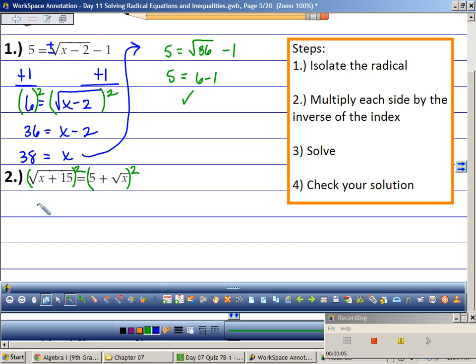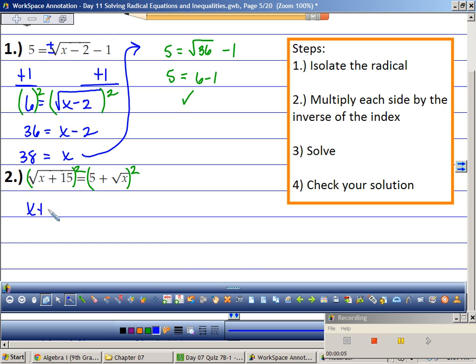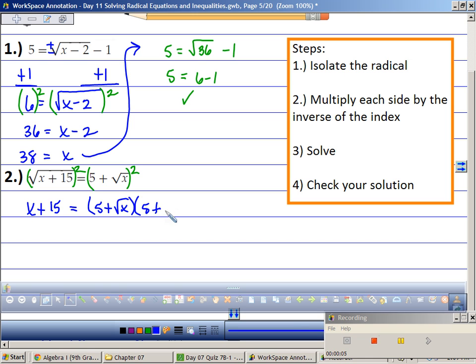So when I do that, I get x plus 15 equals 5 plus the square root of x times 5 plus the square root of x. We were just doing that, right? Which equals 5 times 5 is 25. First, last: square root of x times the square root of x is just x.